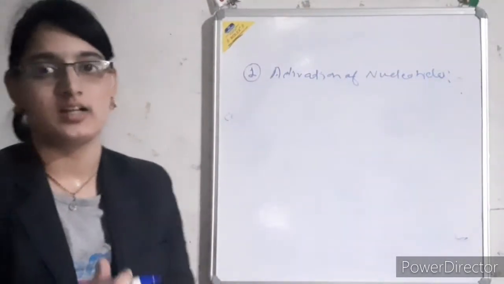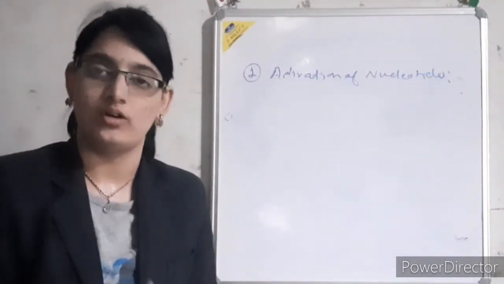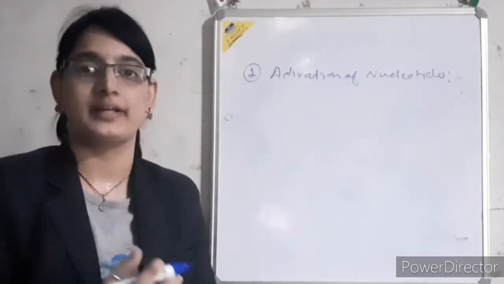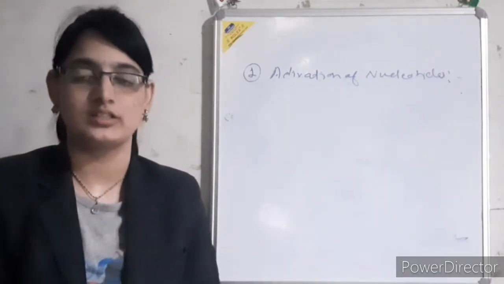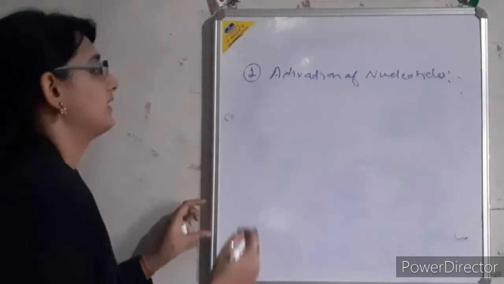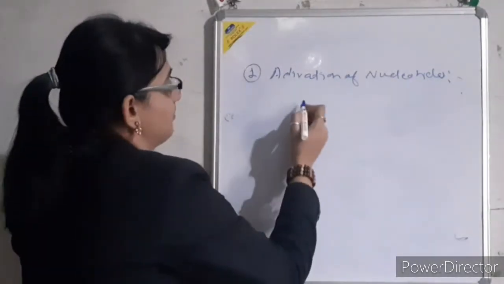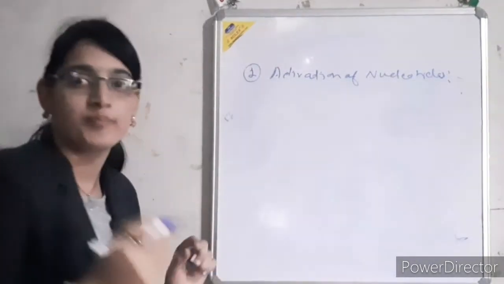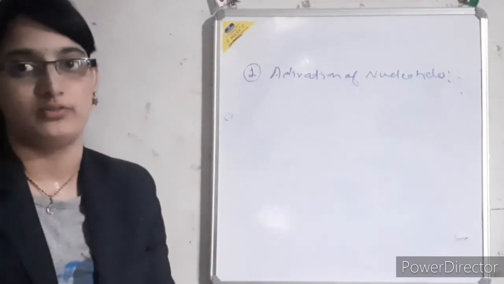Nucleotides are present in the nucleoplasm, since DNA replication takes place inside the nucleus. But these nucleotides are in the monophosphate form.